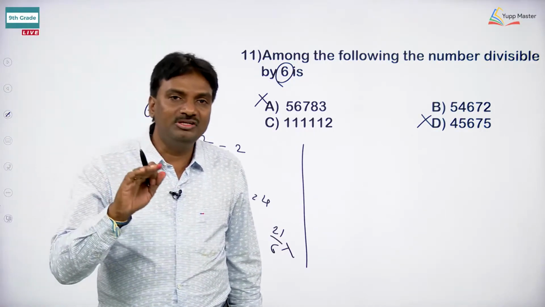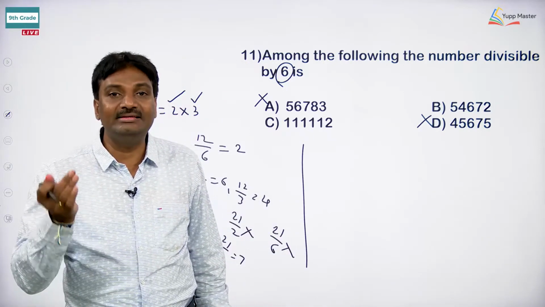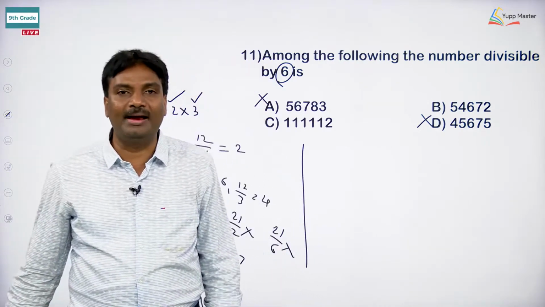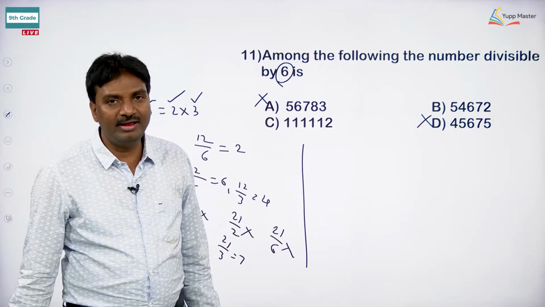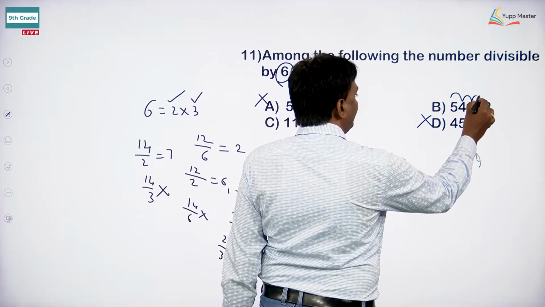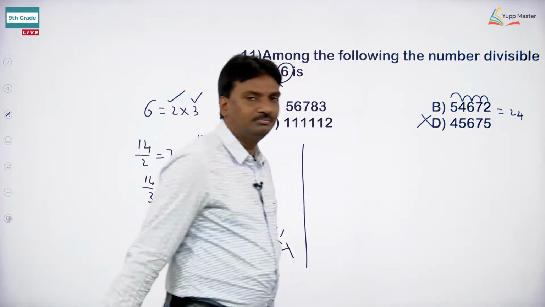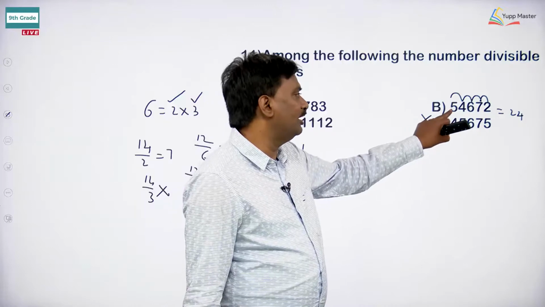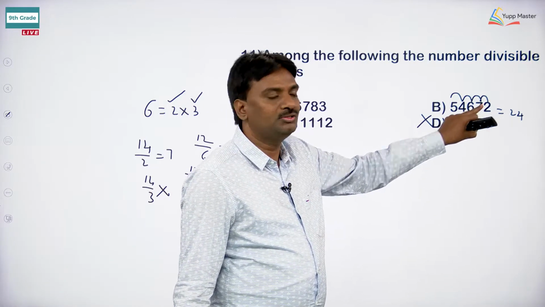So what is the divisibility rule of 3? If the sum of all digits of the given number is divisible by 3, then we can say the number is also divisible by 3. Here, by adding all the digits of the given number in option B, 5 plus 4 is 9, 9 plus 6 is 15, 15 plus 7 is 22, plus 2, here we are getting 24.